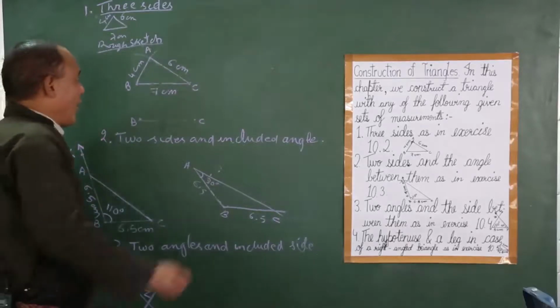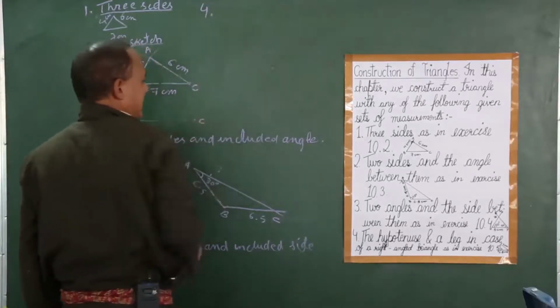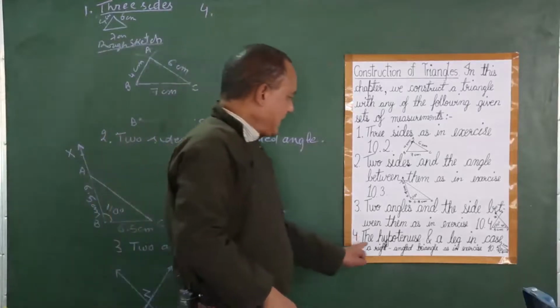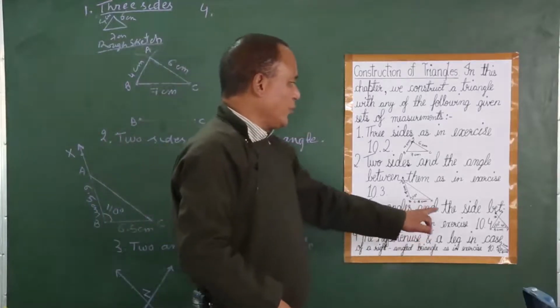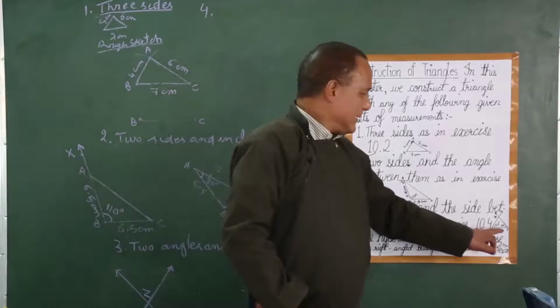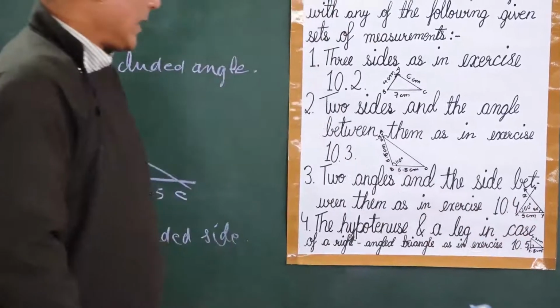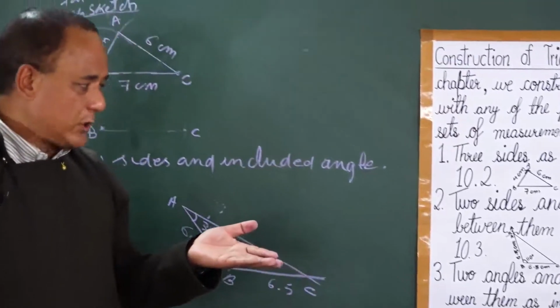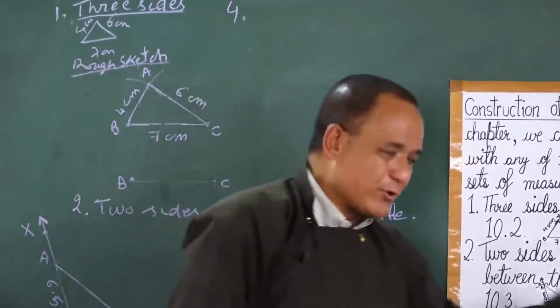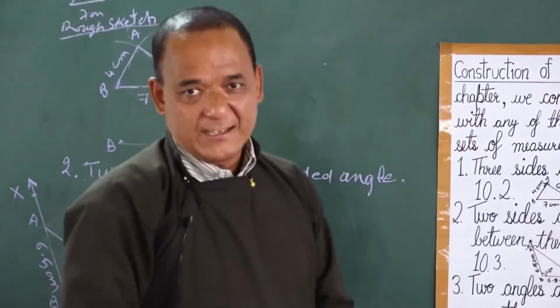Now the fourth one you have here is hypotenuse, and I think you already understood about this one. There are two angles here and an included side. We can also try to do when the sides are not included, but that is not in our text.